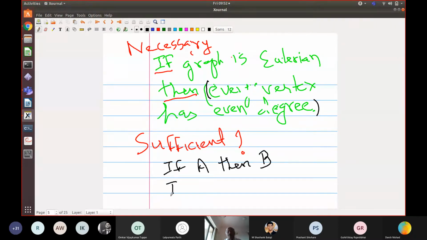The converse of this statement is if B then A. That is, the converse of this statement is if every vertex of the graph has even degree, then the graph is Eulerian. Okay, that is the converse condition. And what Euler did was he proved the converse of this statement also, and that showed that this condition was both necessary and sufficient, right?